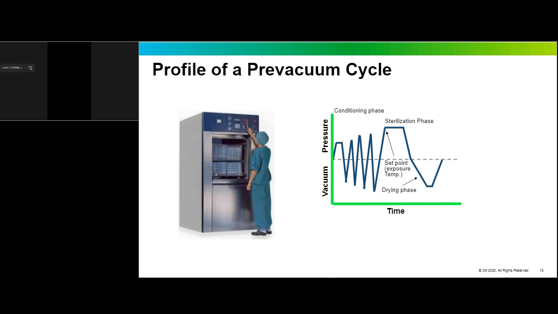So steam is injected, and then steam and air are sucked out of that chamber, and it actually drops below the dotted line, meaning you're pulling a vacuum. You're going below atmospheric pressure. And during the conditioning phase, there's a whole series of vacuum pulls that very effectively remove the air from the chamber and from the lumens and complex geometry of load items. And then a drying phase at the end helps ensure that the load is dry.